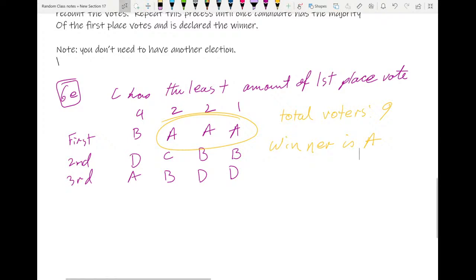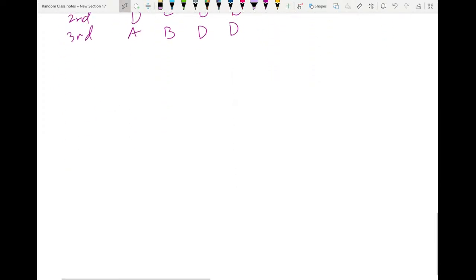All right, let's do the last one. Pairwise comparison. Any questions yet?